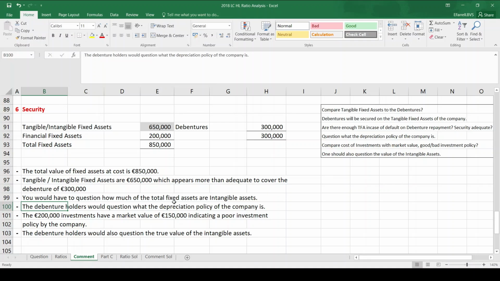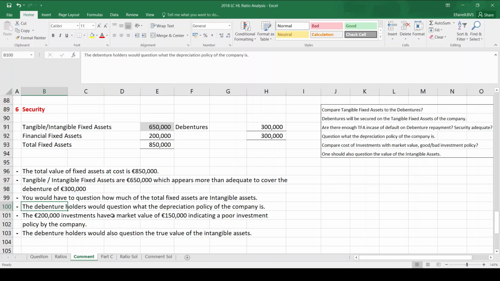We don't know anything about those intangible assets, so it's just a sentence we put in. So there does seem to be adequate security for the loan. And another sentence you could put in is that debentures are always secured on the tangible fixed assets of the company.